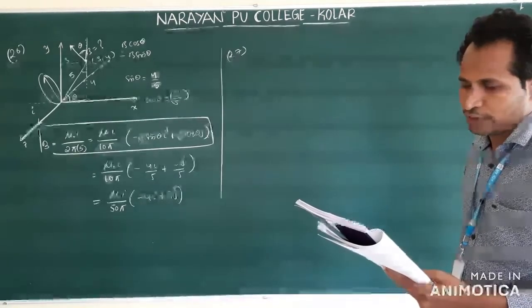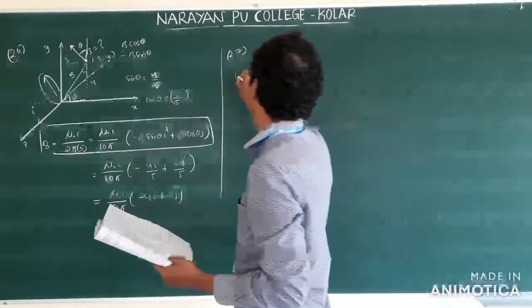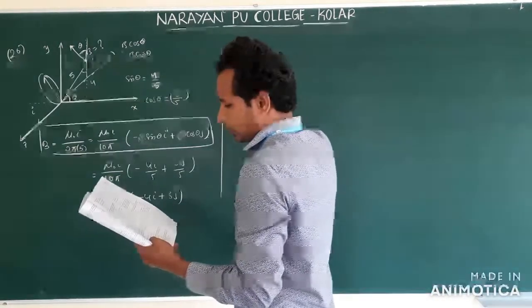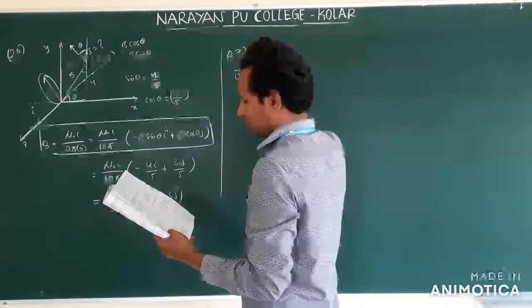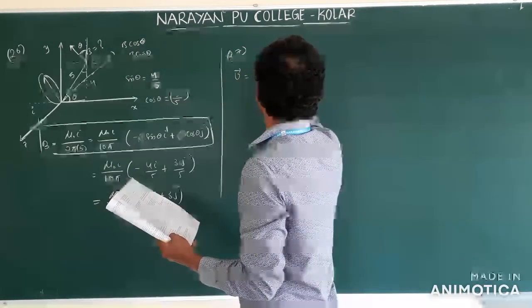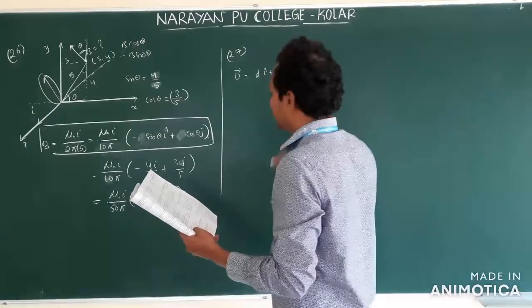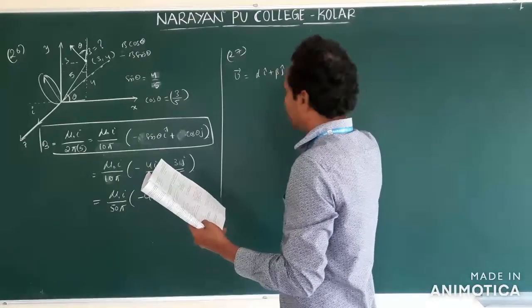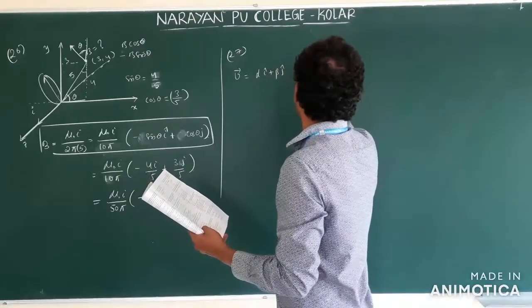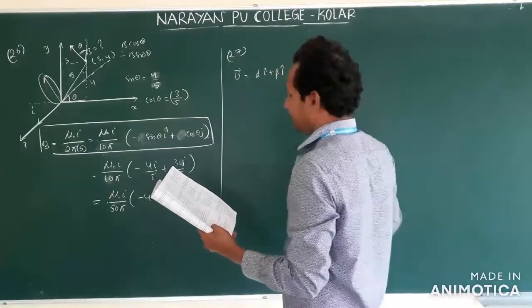A charged particle moves with a velocity v equal to alpha I cap plus beta j cap in a magnetic field given as B equal to delta I cap plus theta j cap.